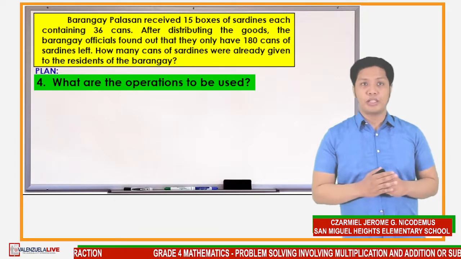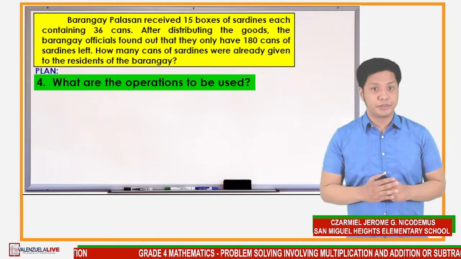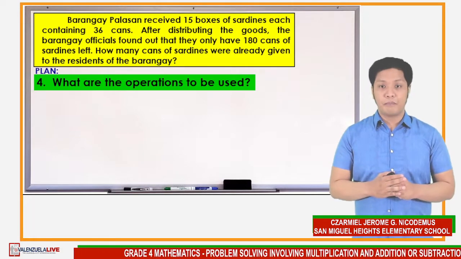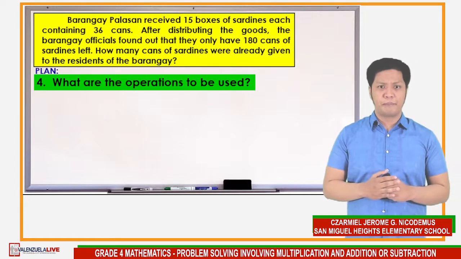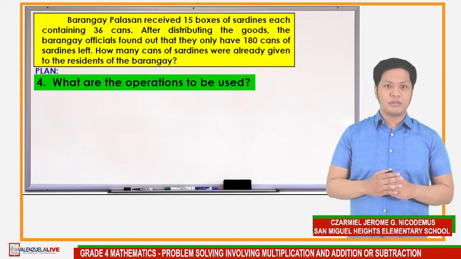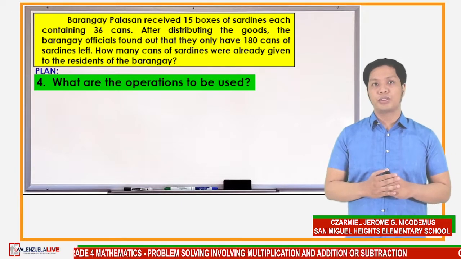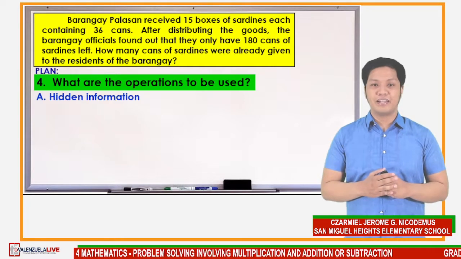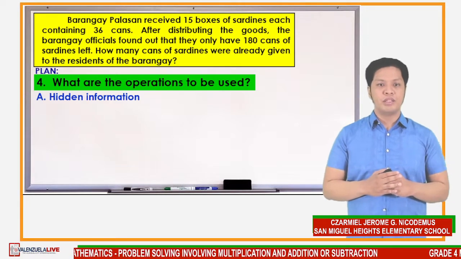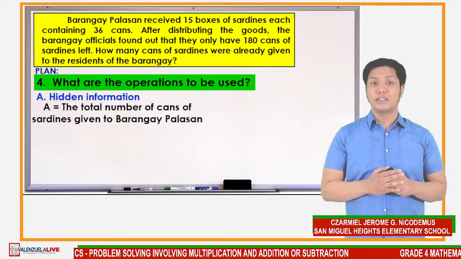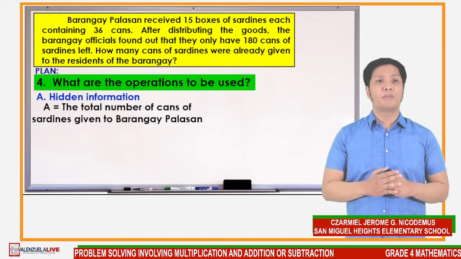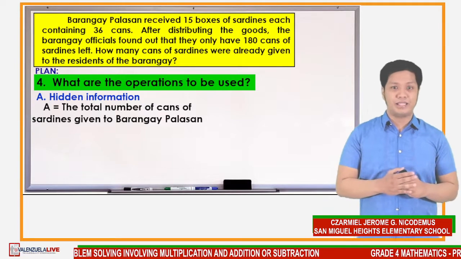For our fourth question, what are the operations to be used? For this problem, as I said earlier, this is a multi-step word problem. We need to find out first the operation to be used for the hidden information, which is A equals the total number of cans of sardines given to Barangay Palasan.